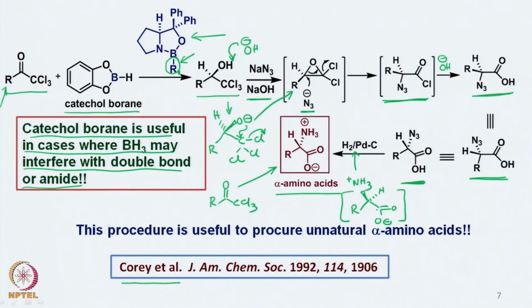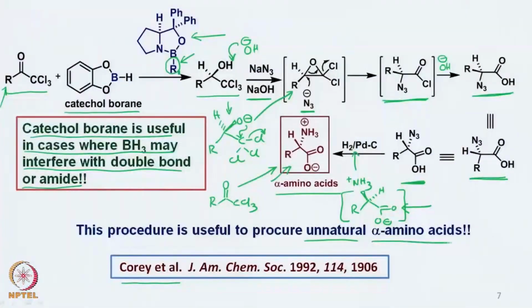That means if we start with S-proline, we get, say for example, this kind of alpha amino acid, and if we start with R-proline, we can get this kind of amino acid, and therefore we have the possibility of getting both the enantiomers of the same alpha amino acid, and thus one of them would of course be natural, or we have a possibility of making unnatural alpha amino acids of both enantiomeric types.